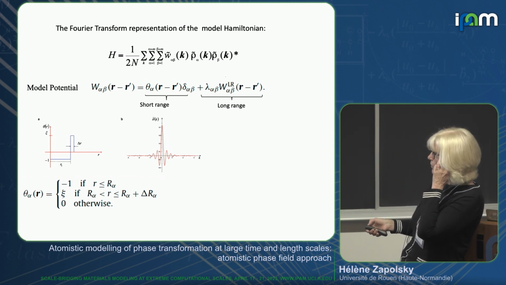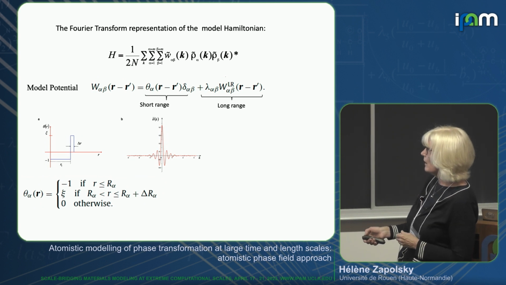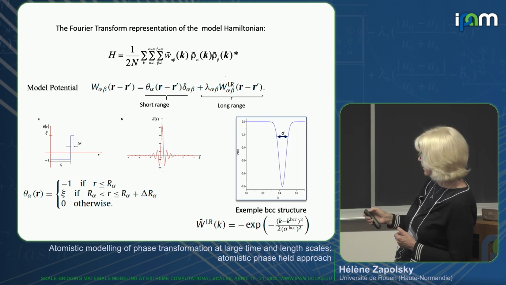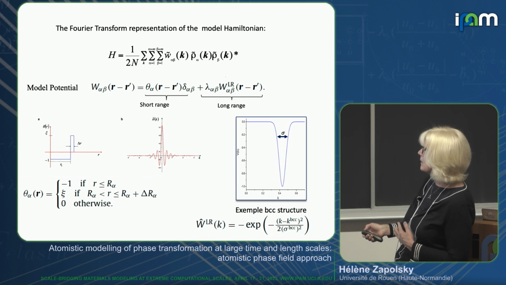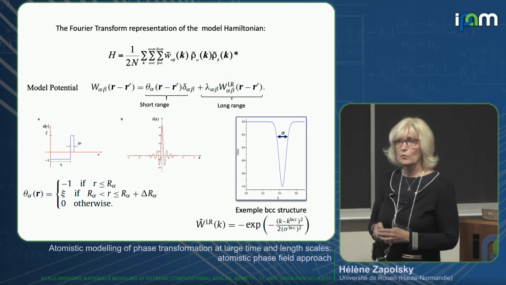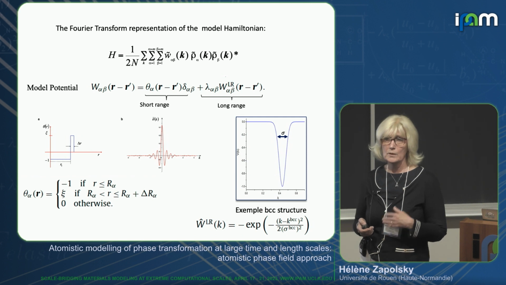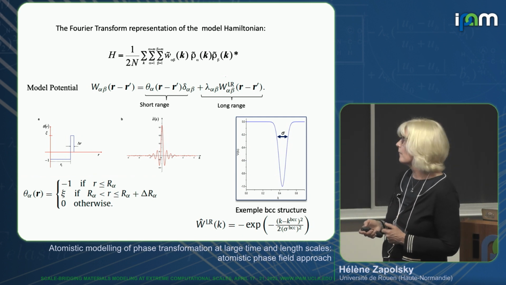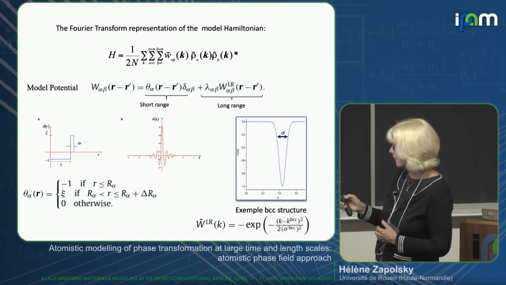So the short-range interaction is, as I said, the step function, which in reciprocal space has this form. And the long-range interaction was fitted; there are two ways to fit this. This is an example with a Gaussian function. In the other way, we can calculate it from the scattering function, because the scattering function is the inverse of our response function.